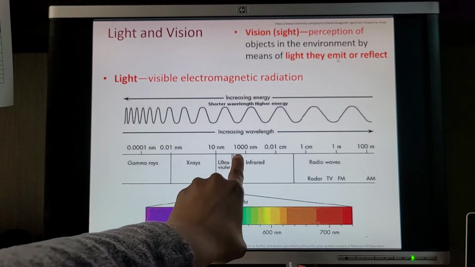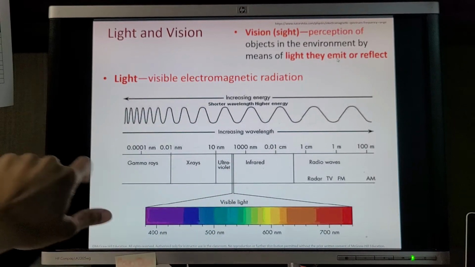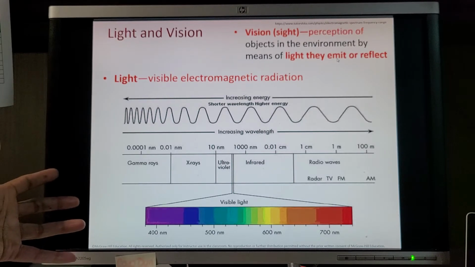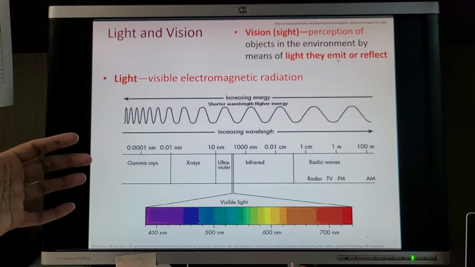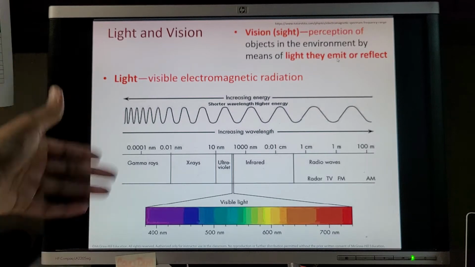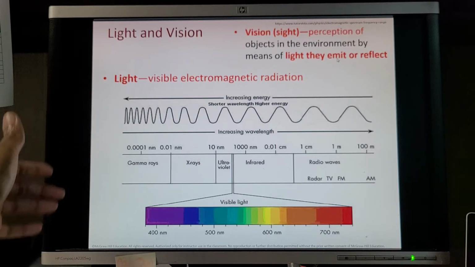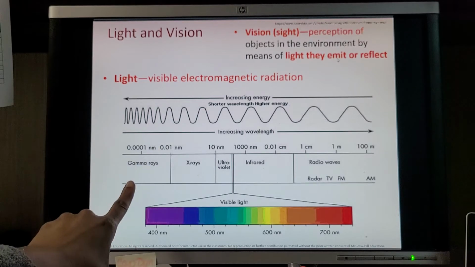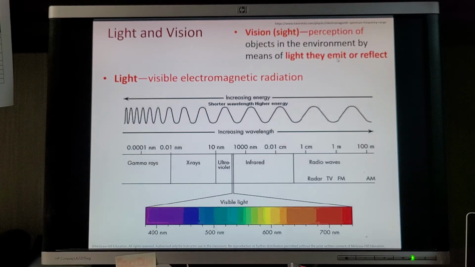What we can see, this tiny little sliver, is our visible spectrum. There are other energy wave spectrums of stuff that we can't see. For example, gamma rays, which is your space radiation, a ton of energy. That's why it can just blast through stuff.